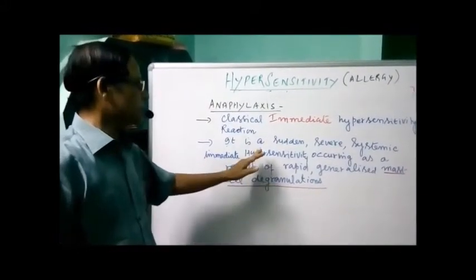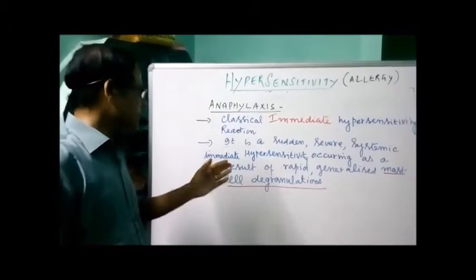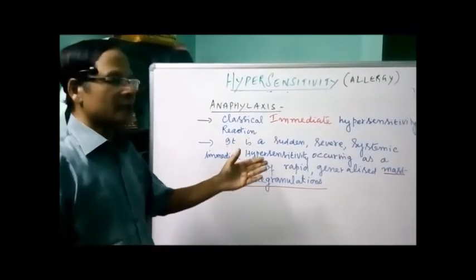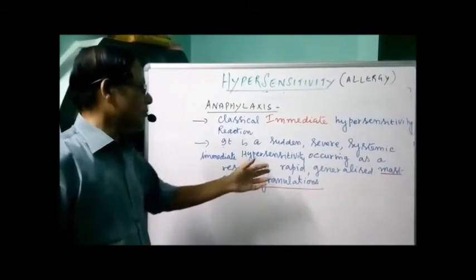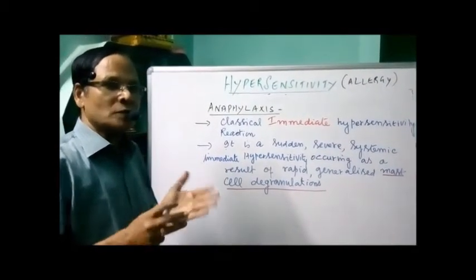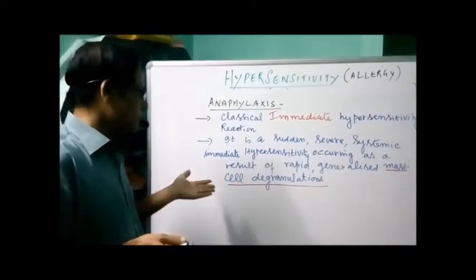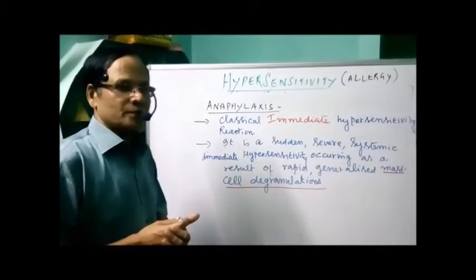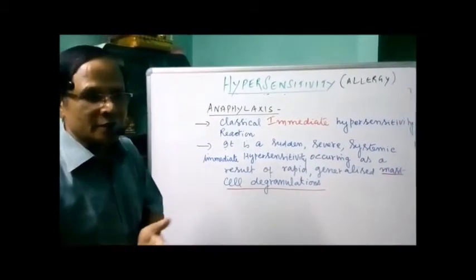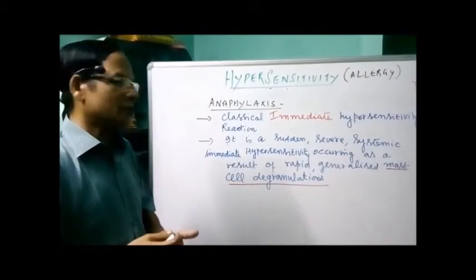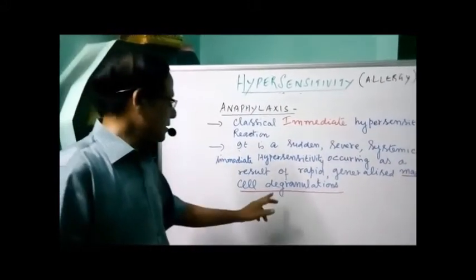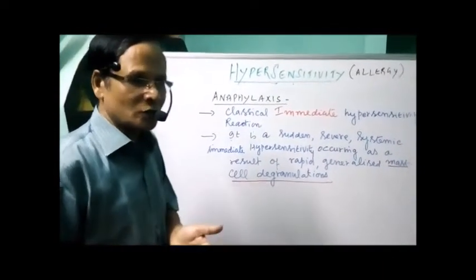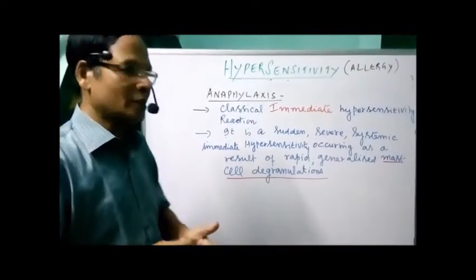Immediate hypersensitivity occurs as a result of rapid generalized mast cell degranulation. Generalized means almost all the mast cells are destroyed and release mediators, namely histamine or serotonin, that result in allergic reactions. So degranulation means nothing but the destruction of the mast cells and the release of the mediators.